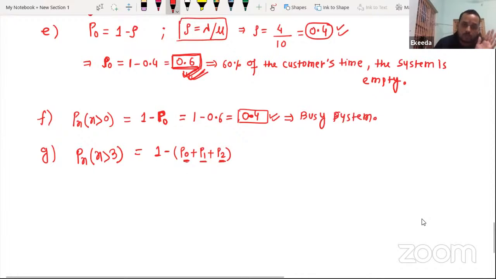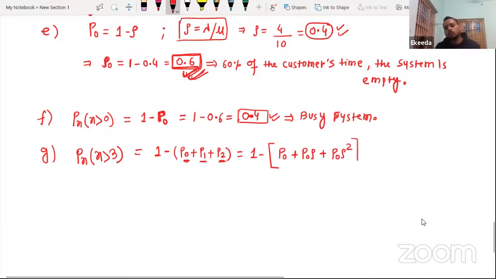So it is going to be 1 minus, and what is P naught? P naught is 1 minus rho. So directly write P naught plus P1, where P1 is P naught into rho, plus P2, which is P naught into rho square.